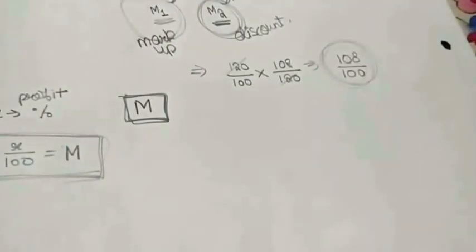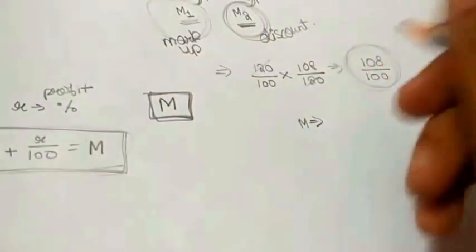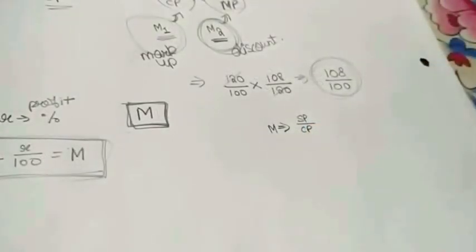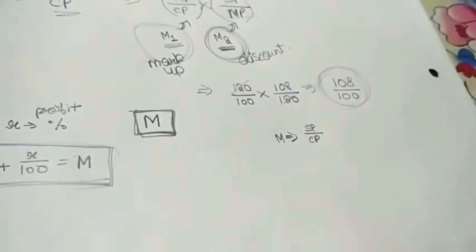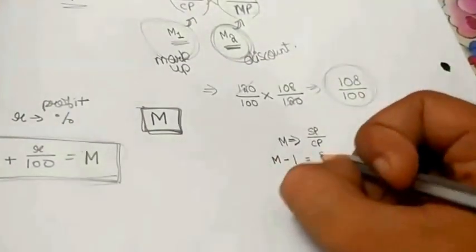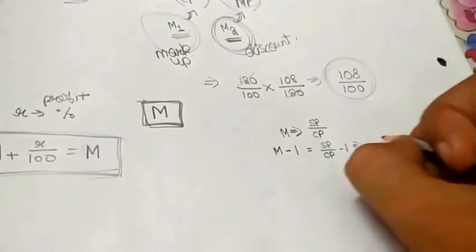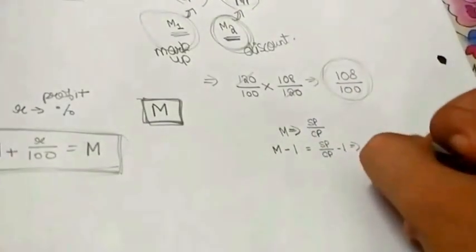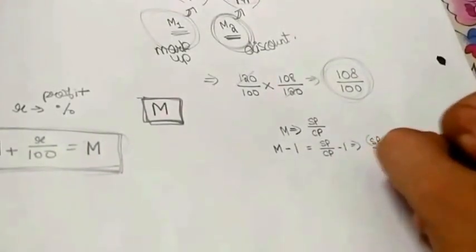I'll just derive it for you to show why this is. Our multiplier M was SP upon CP. If you subtract 1 from both sides, M minus 1 is equal to SP upon CP minus 1, which in turn is SP minus CP divided by CP, and this is our profit.